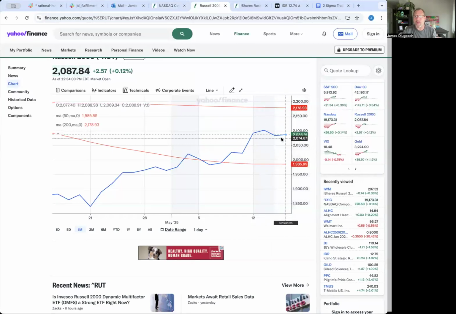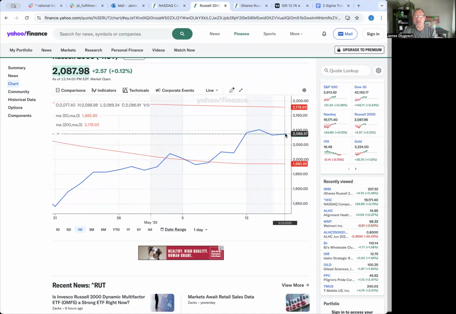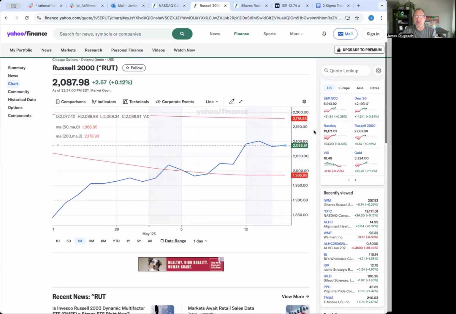It's right in the middle. And so right there, the green light go sign is flashing. Avoid technology stocks today. Look for an arbitrage in the Russell 2000.